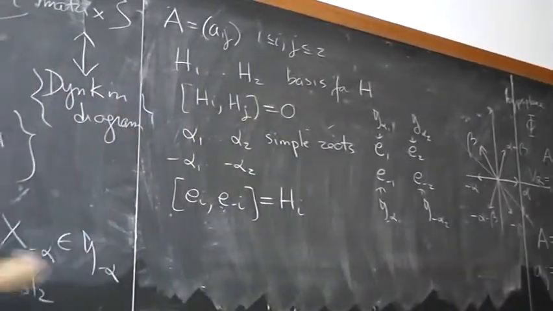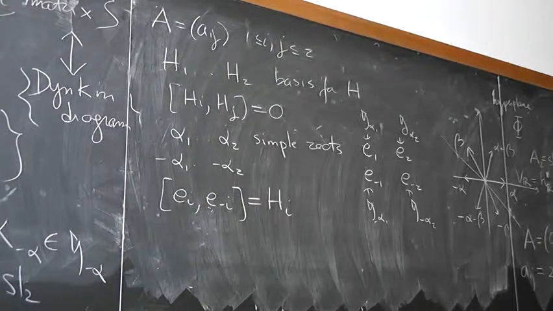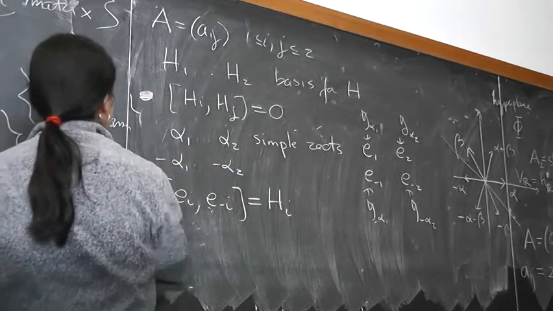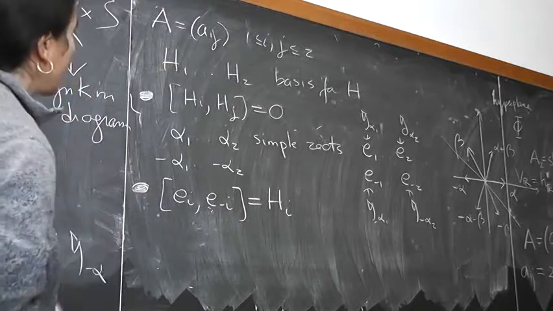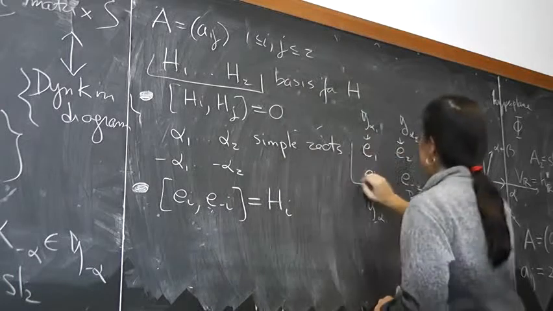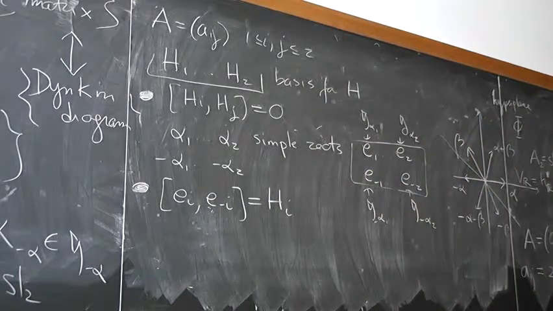I can make this choice because I know that there will be an SL2 for each of them. So I impose this. These are things I impose. So I have these elements. I've produced 3r elements.